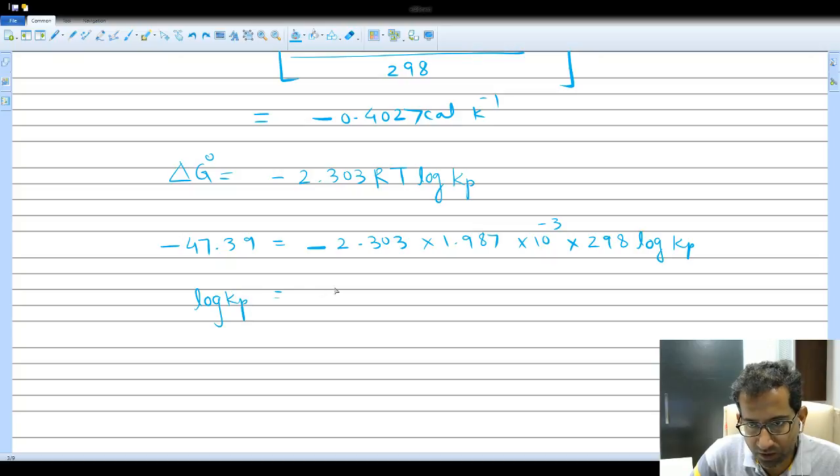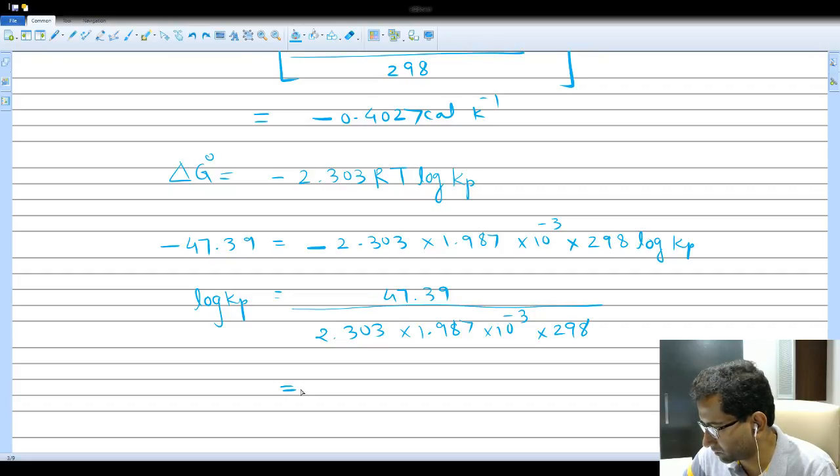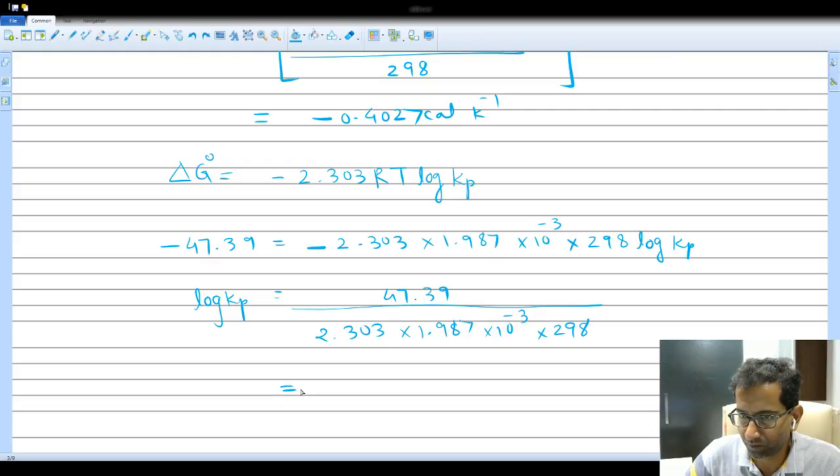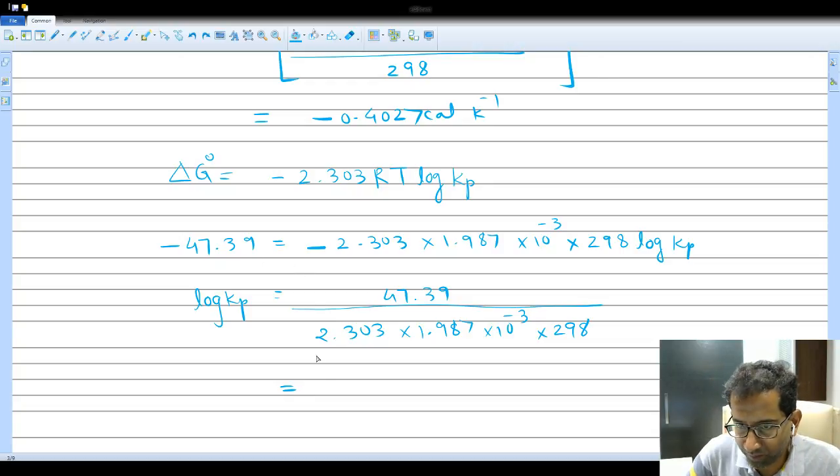So log Kp equals 47.39 divided by 2.303 into 1.987 into 10 raised to minus 3 into 298. So it turns to be 34.77519.